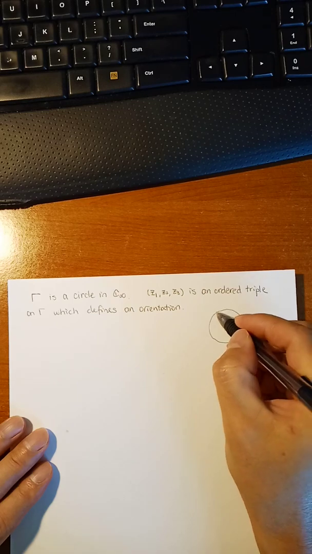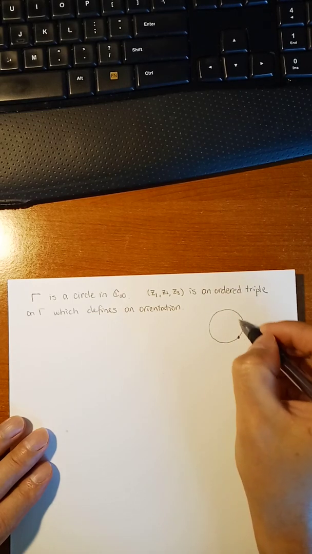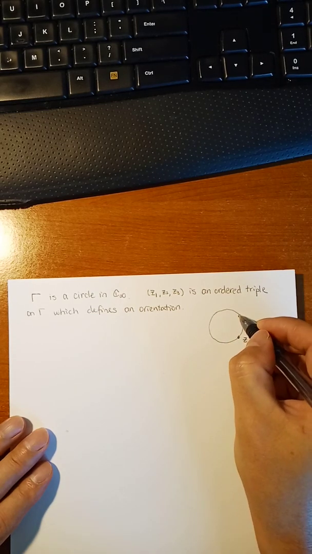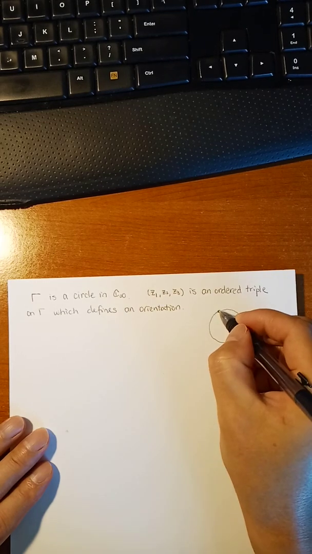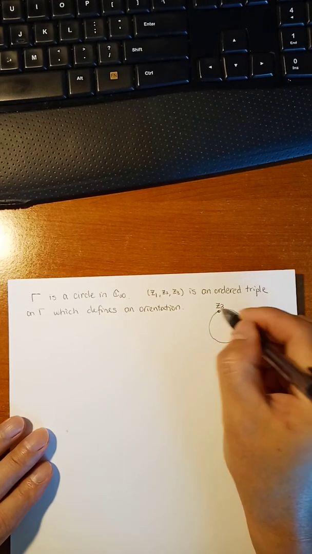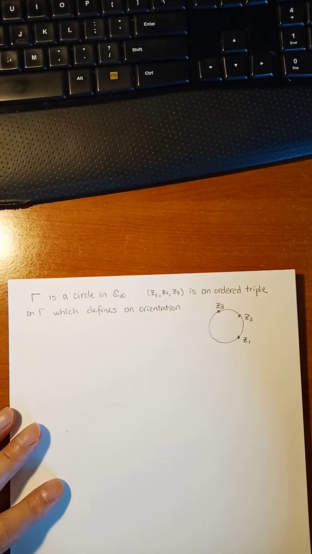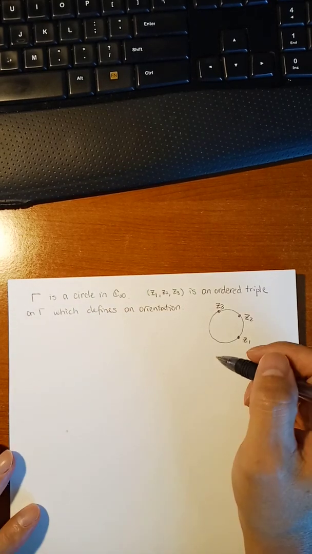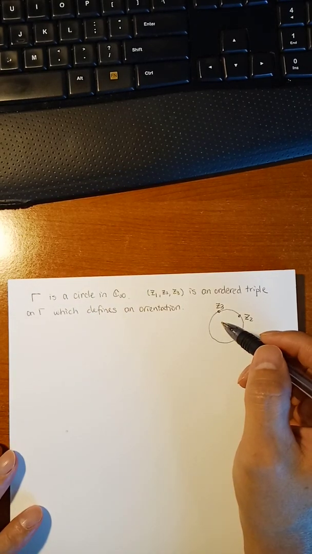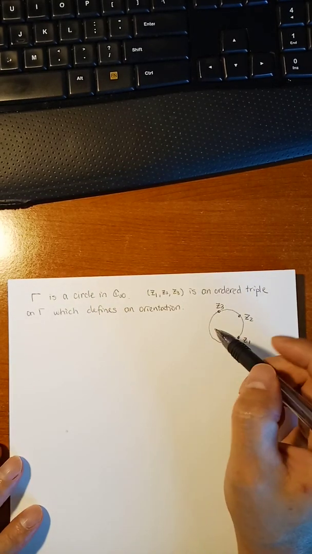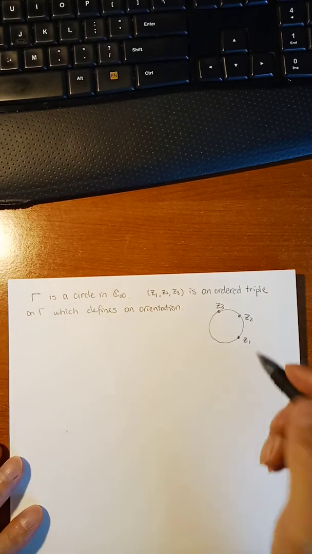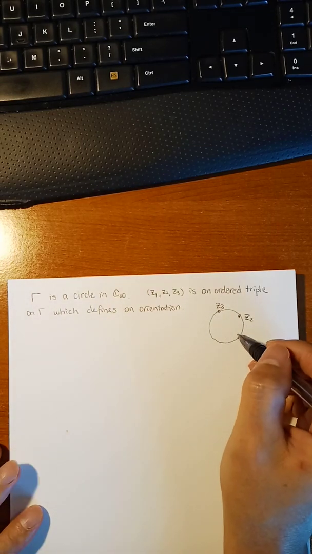It's like this. Here, this is Z1, Z2, Z3. Follow the order, you will get a direction. Okay, if you have just a straight line, then you have to be careful.